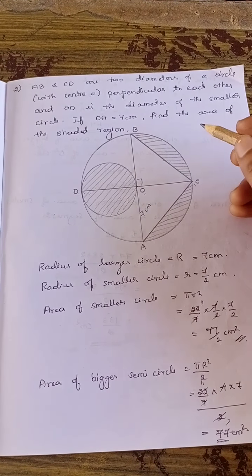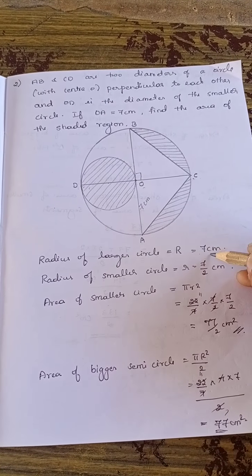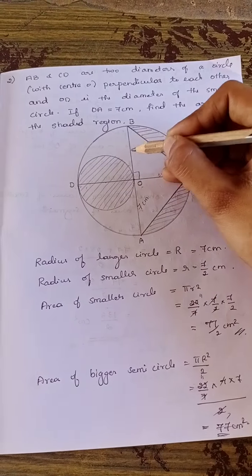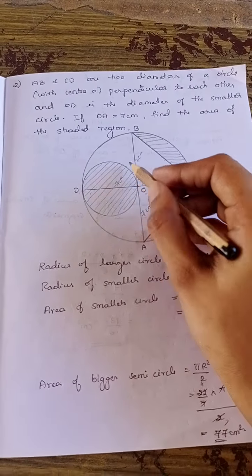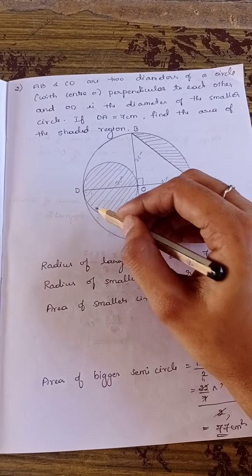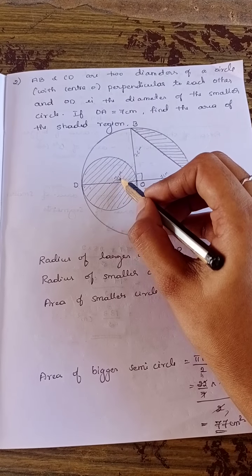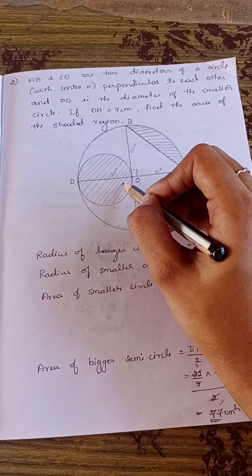What is given? The radius of the larger circle R is 7 centimeter. This is 7 centimeter, which means this is also 7 centimeter, and this is also 7 centimeter. That means the diameter of this small circle is 7 centimeter. Diameter is 7 centimeter means the radius of this small circle is 7 by 2. Understood?